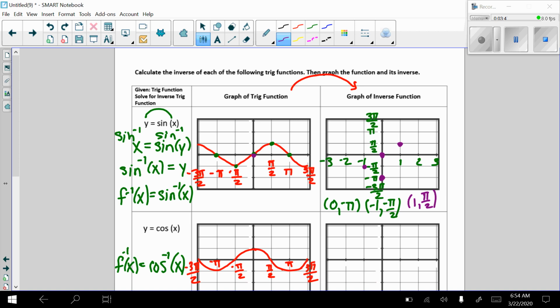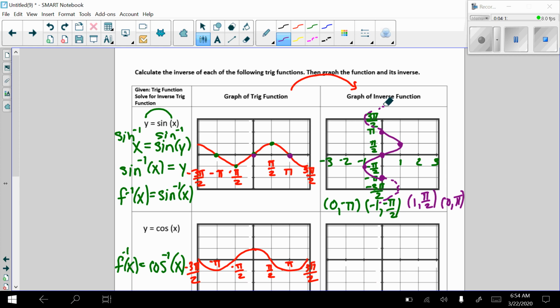And this is the point pi, 0, which will be graphed at 0, pi. So here's 0, pi. And if we look at this, isn't it really just a sideways sine curve? That is what your inverse would look like. Okay, and it would continue just like any other. It would just keep going and going and going.